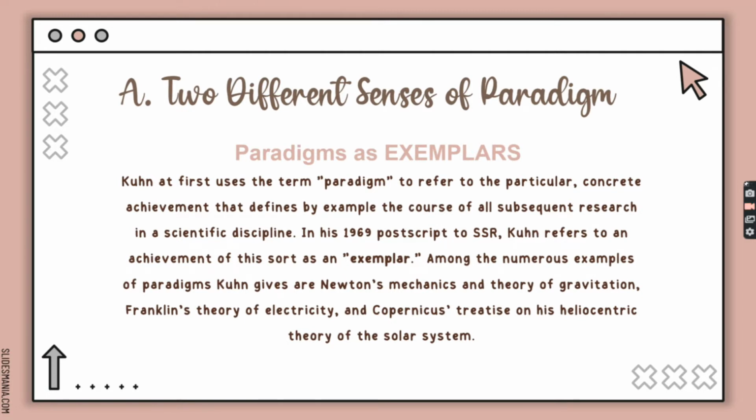Among the numerous examples of paradigms, Kuhn gives are Newton's mechanics and theory of gravitation, Franklin's theory of electricity, and Copernicus' treatise on his heliocentric theory of the solar system. These works outlined a unified and comprehensive approach to a wide-ranging set of problems in their respective disciplines. As such, they were definitive in those disciplines.